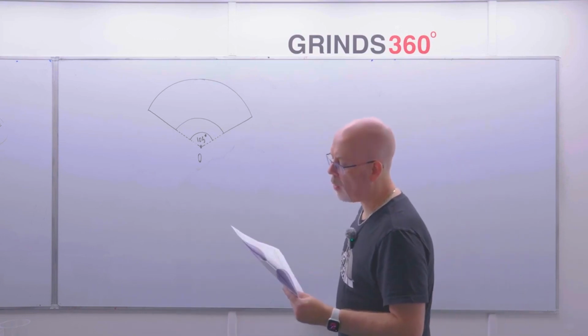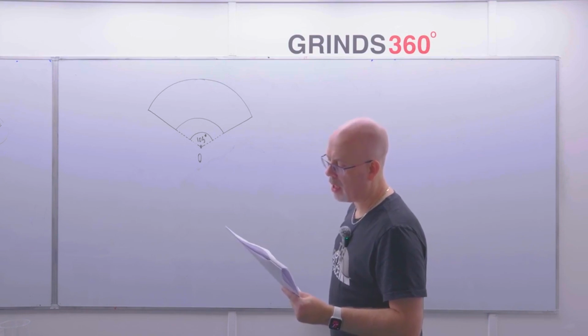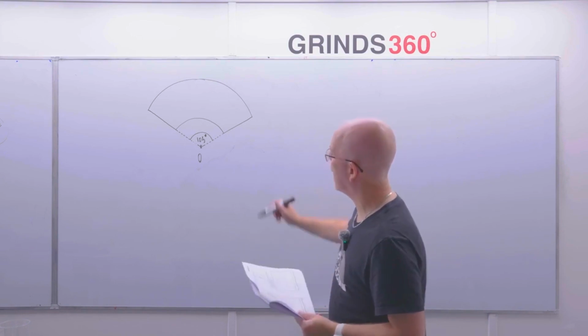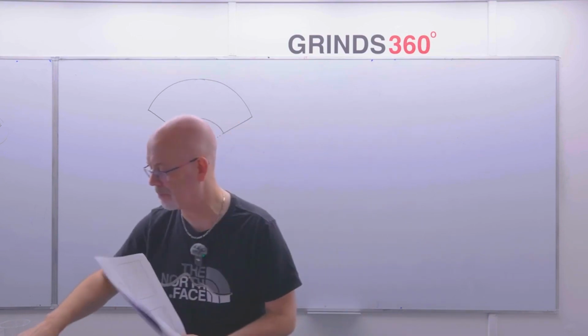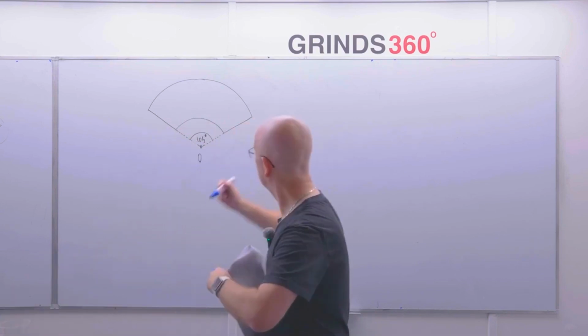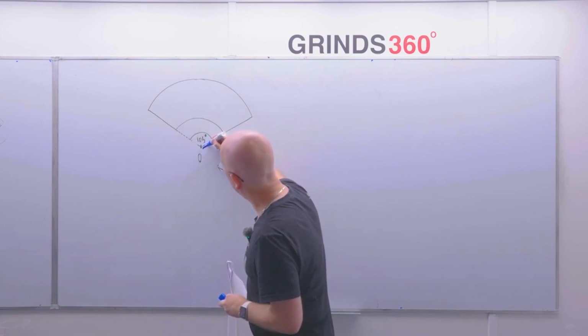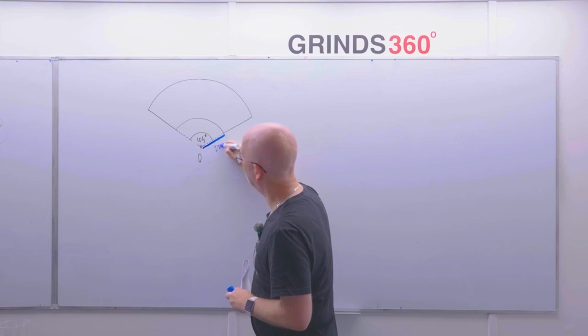It says AB is the wiper blade, and the bottom of AB is 22 centimeters from O. So this bit here is 22.